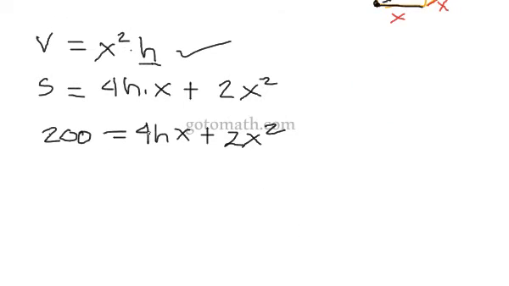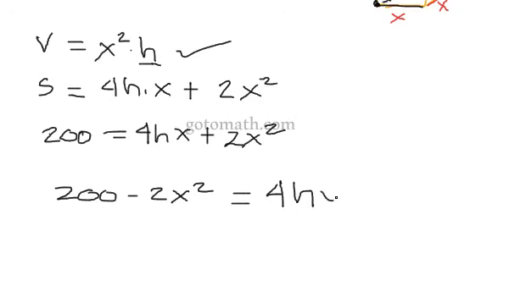Right, we're going to want to solve for h, and that's easy enough to do. And okay, we got 200 minus 2x squared, and we're going to be left with the 4hx over here on the right hand side.